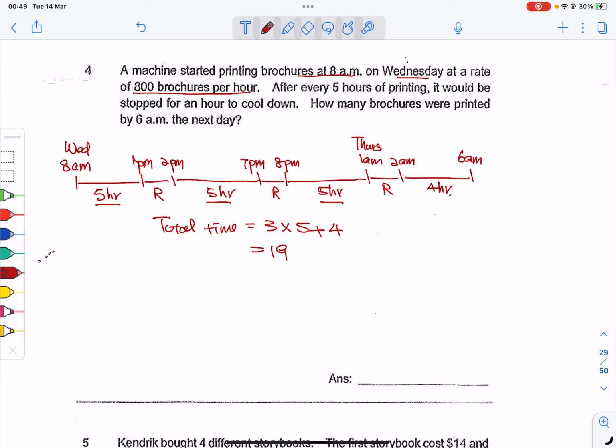So number of brochures printed will be 19 times what each hour is, 800. So in total we'll print 15,200 brochures.